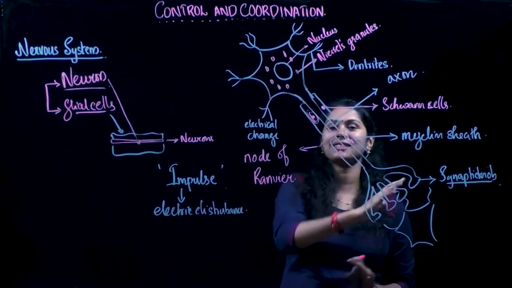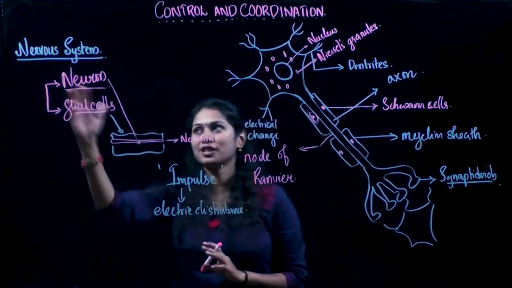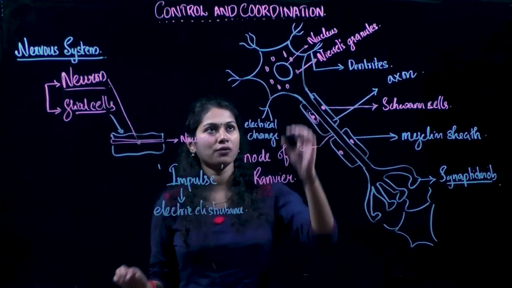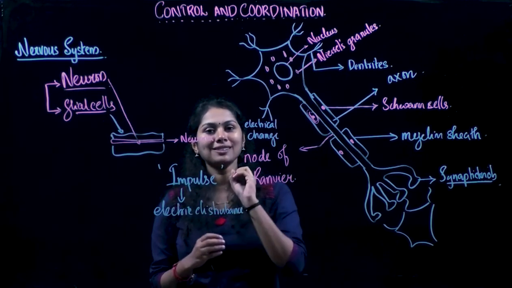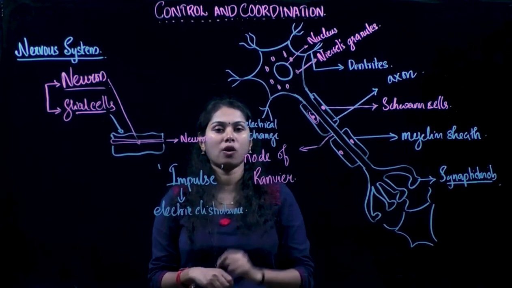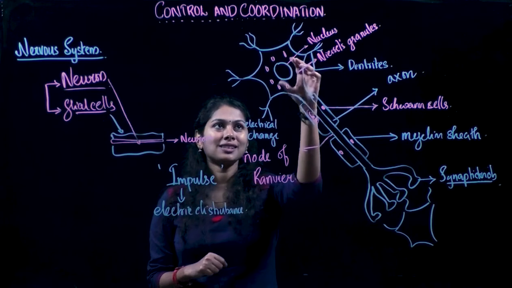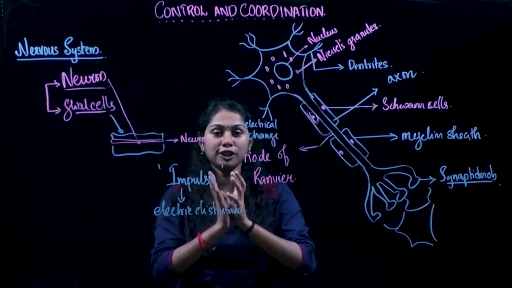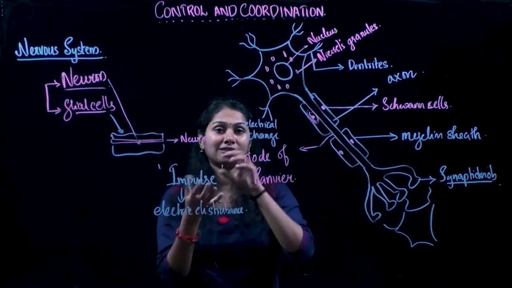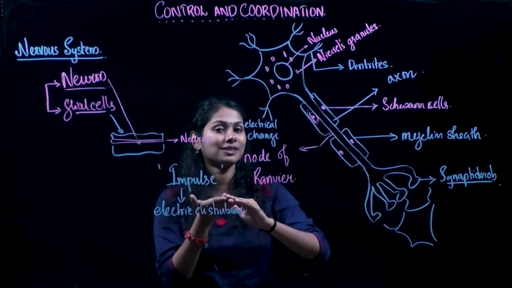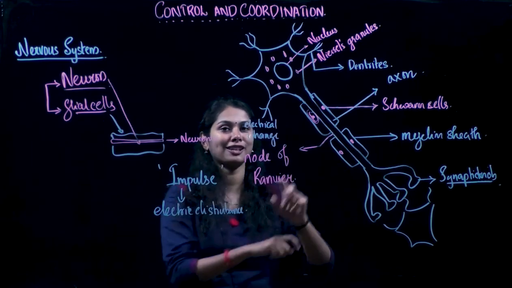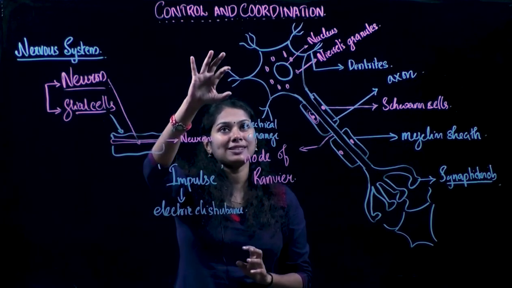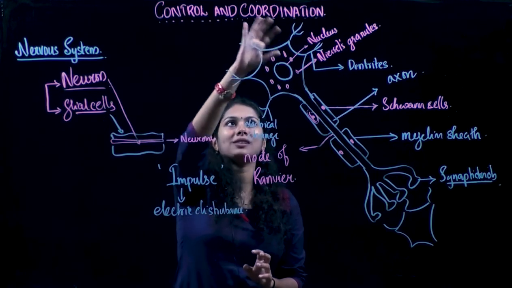So, we have seen the structure of the basic cell of the nervous system, that is the neuron. A neuron basically consists of a cell body which contains a nucleus and small granules called Nissl's granules. The disturbances are changed into electrical signals by Nissl's granules. And the disturbances are collected from all the sense organs.